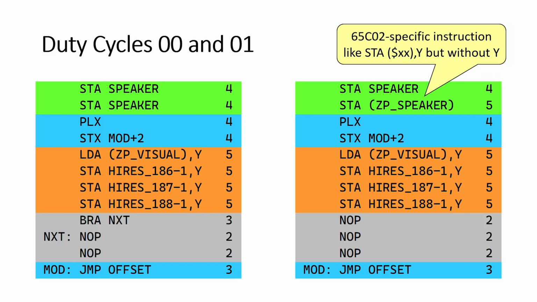Therefore, we take the approach of using a different instruction to access the speaker for the second time. Here it's an instruction taking 5 cycles. It's a 65C02 specific instruction accessing the speaker via the zero page, but not requiring any additional register for indexing. And you see here, we have 3 instructions left, and there are 2 instructions left. So overall, the sum of instructions stays the same.